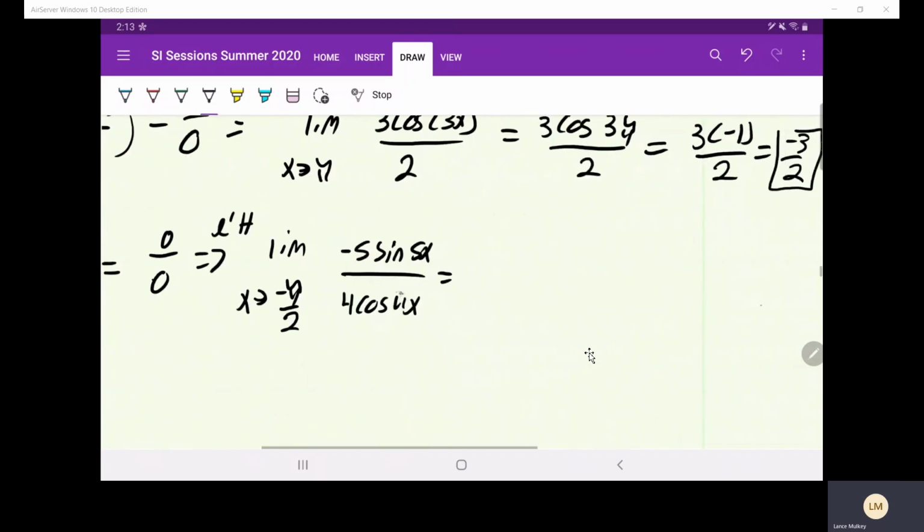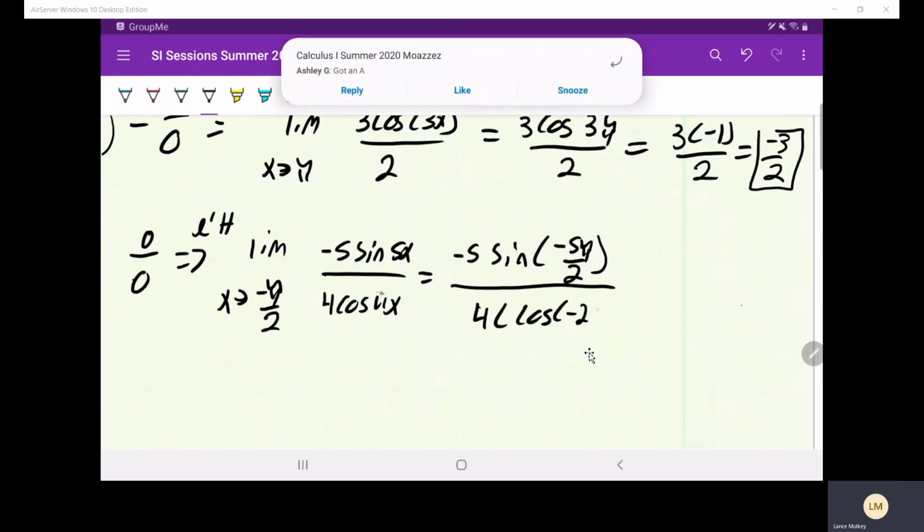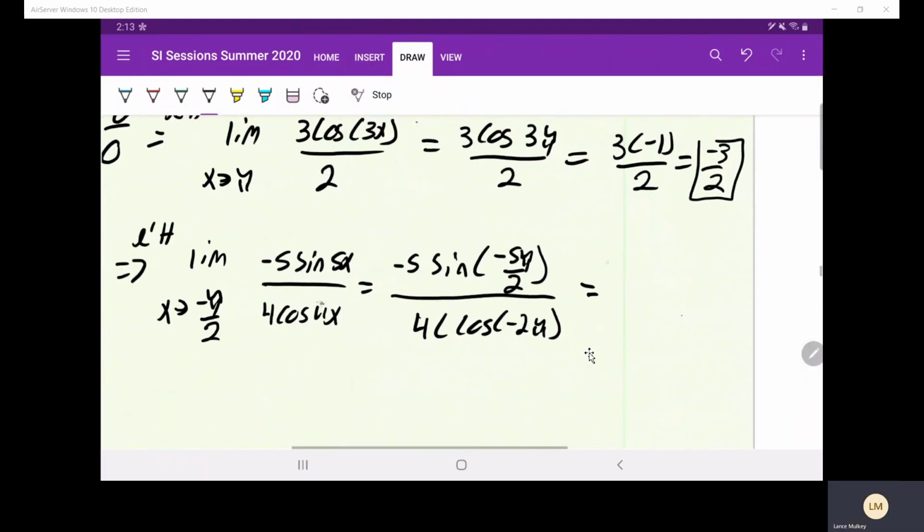That equals negative 5 sine of negative 5 pi over 2 over 4 times cosine of negative 2 pi. Sine of negative 5 pi over 2 is negative 1, so it's over 4 times 1, which equals 5 over 4.